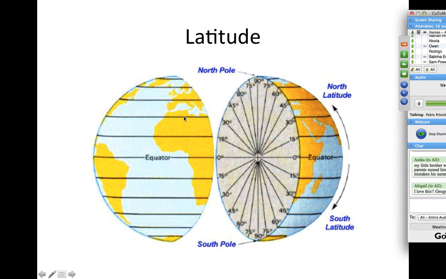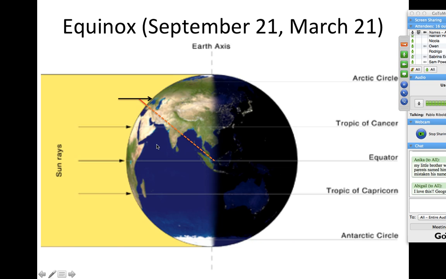Okay, good deal. So the idea here: how are we going to measure latitude? If you look, basically, during the equinox, which is September 21st and March 21st, that is the time where the tilt of the earth does not affect where the rays of the sun fall on the earth.